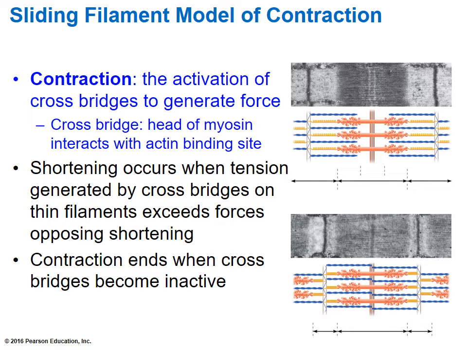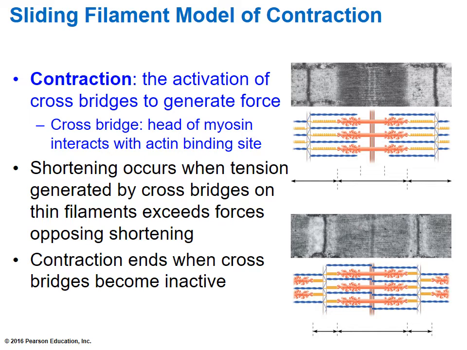Once they have that cross bridge, they do something called a power stroke that allows them to glide over each other. As they glide over each other, we get the Z discs, the 2 black lines, and from one Z disc to the next is a sarcomere, remember? It's shown as those two black lines on our top pictures. We get those Z discs to come closer and closer together.